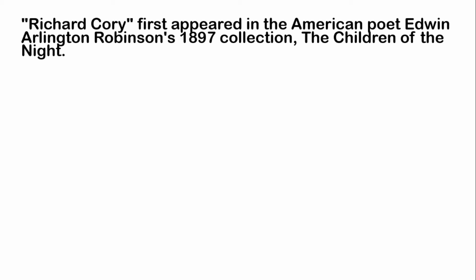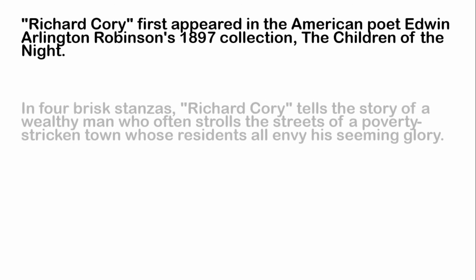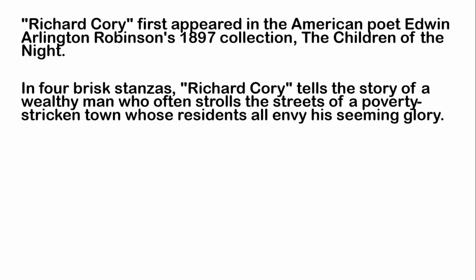Richard Cory first appeared in the American poet Edwin Arlington Robinson's 1897 collection, The Children of the Night. In 4 brisk stanzas, Richard Cory tells the story of a wealthy man who often strolls the streets of a poverty-stricken town, whose residents all envy his seeming glory.